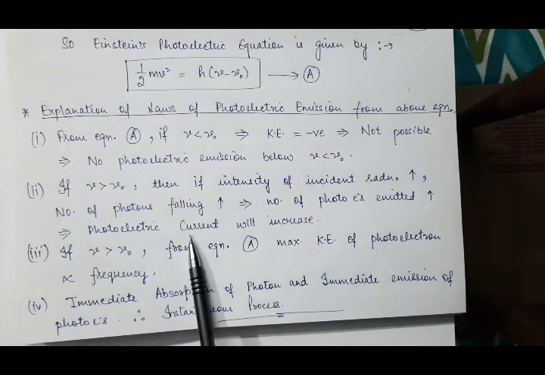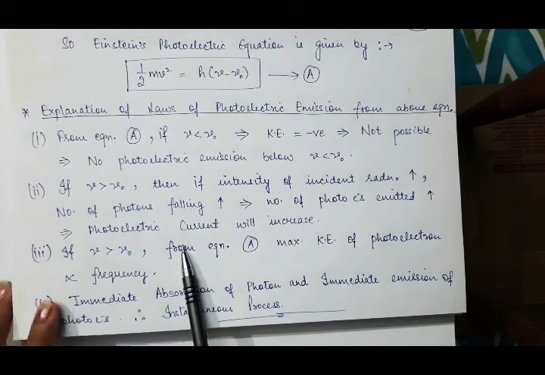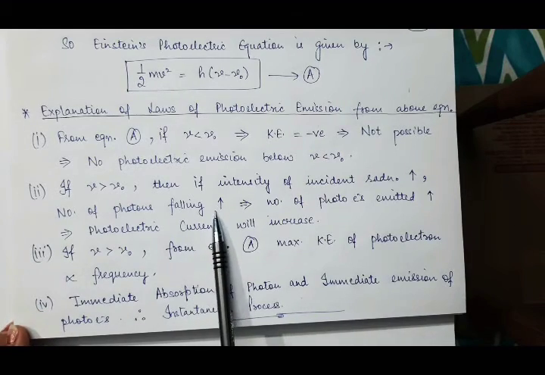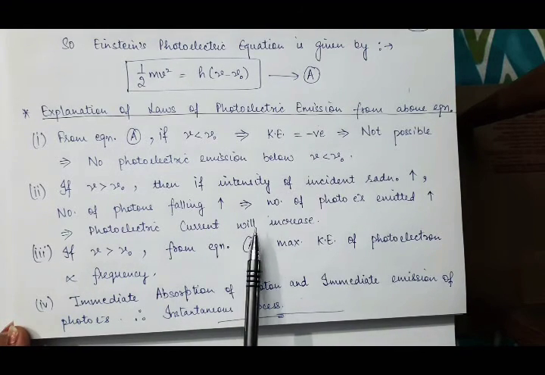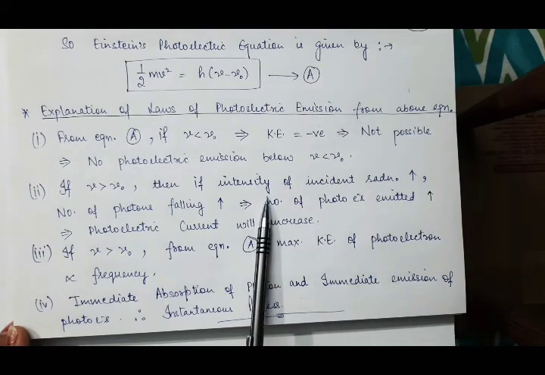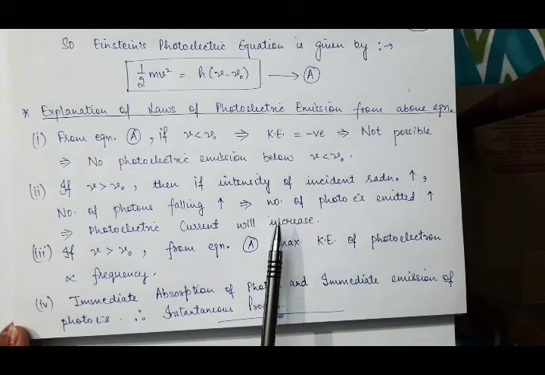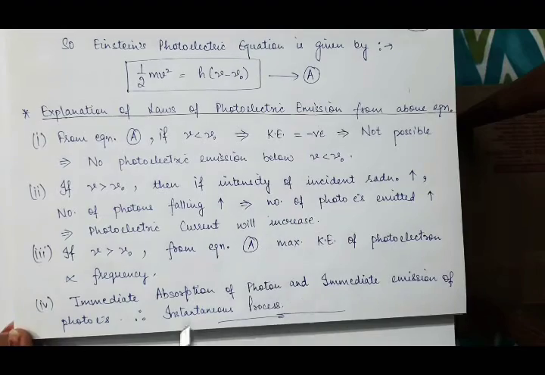So if the number of photons increases, the number of photoelectrons ejected increases, which will further increase the photoelectric current. So the number of photoelectrons emitted, or the photoelectric current, depends upon intensity and is independent of frequency.